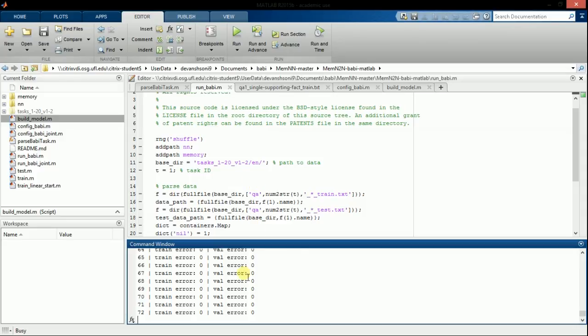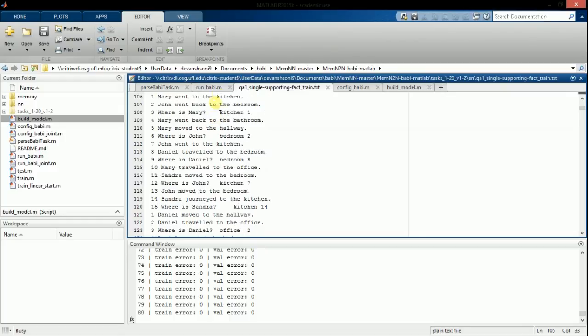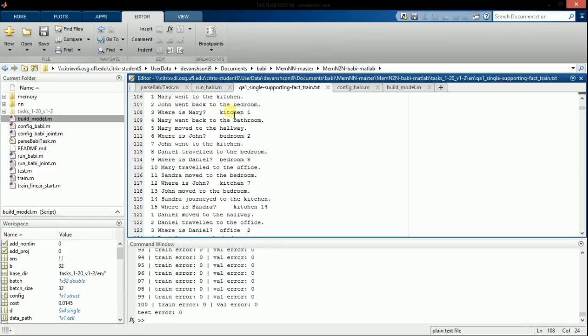So while this is running, let's take a look at the dataset, how it looks. As discussed before, we have a set of statements like 1 and 2, which give the text, and then the third statement asks a question to the machine, and since this is the training set, we have the answer to the question, and we have 1. The number here indicates that the supporting fact is at line 1.